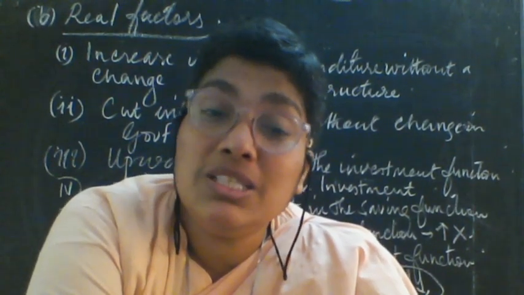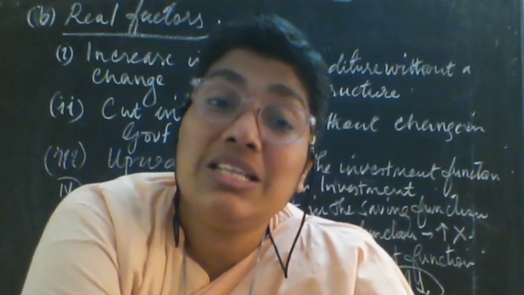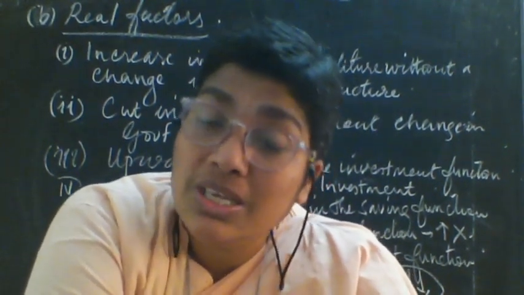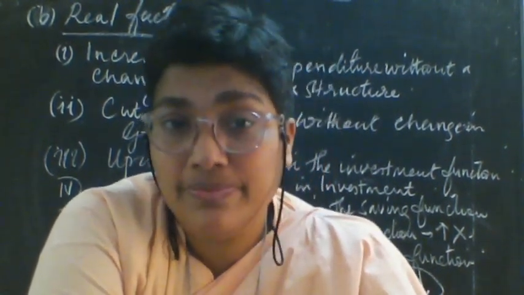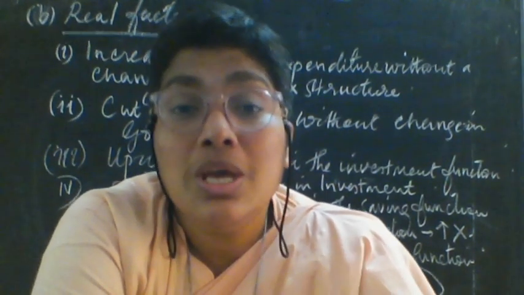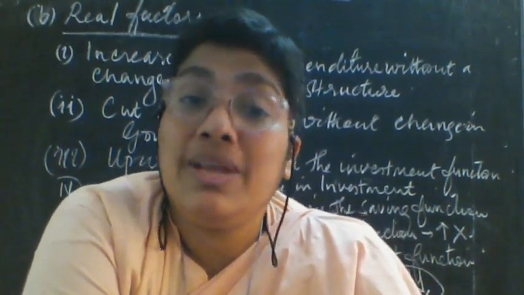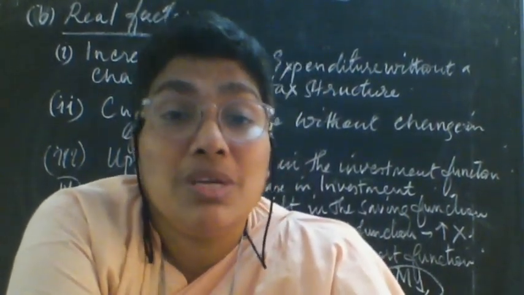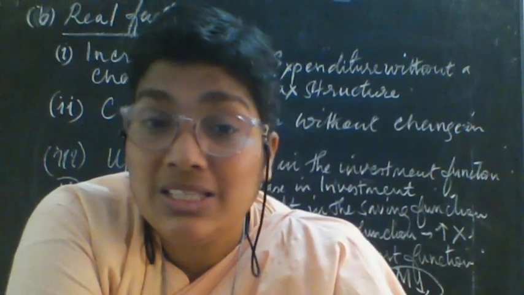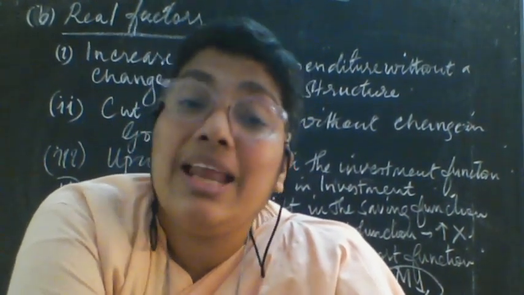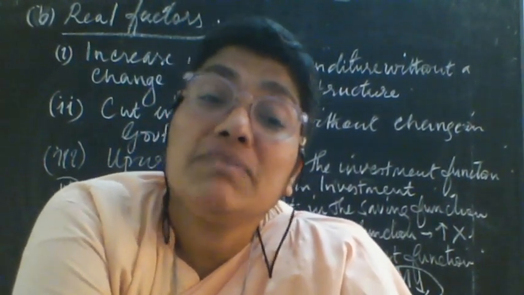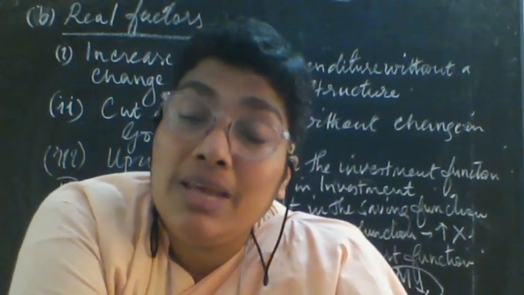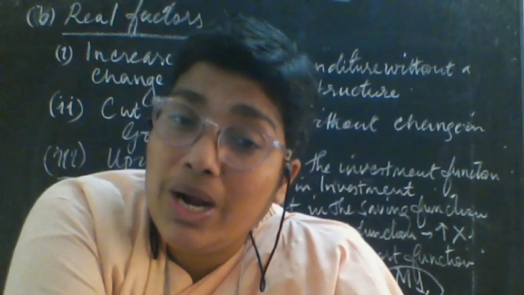Real factors means those factors that increase the demand for real output, and in that way it causes demand pull inflation. Okay students, so this is called demand pull inflation. Money supply, of course you know, when money supply increases, investment demand increases, and as a result demand for labor and capital increases, and when labor and capital remain fixed, what happens?